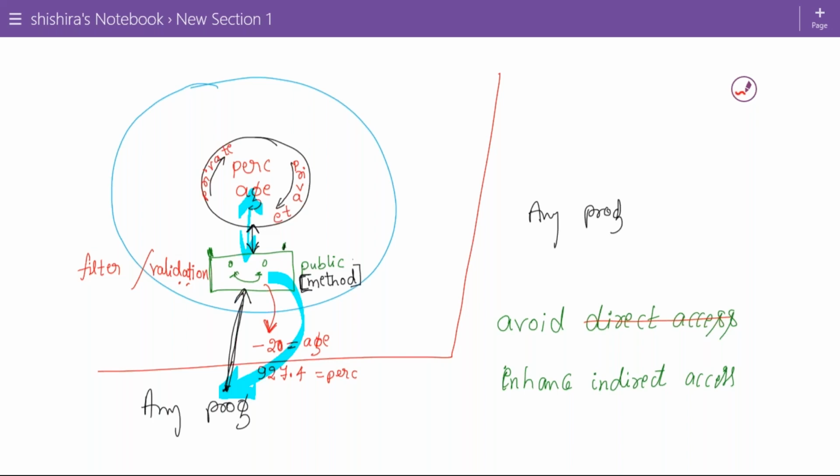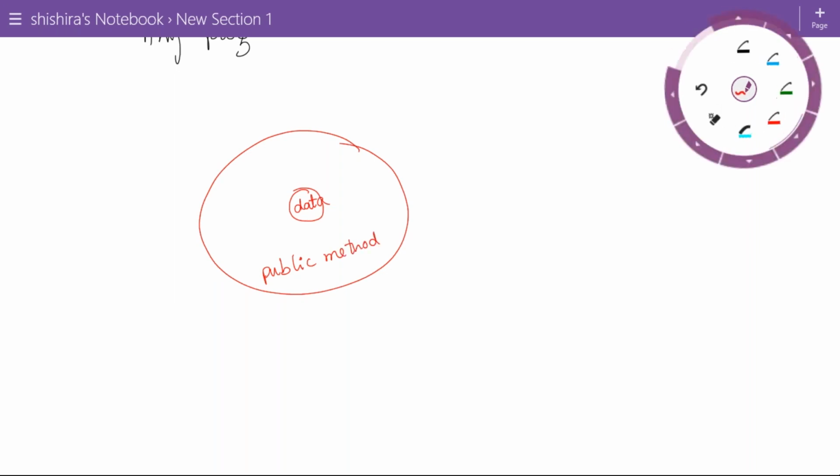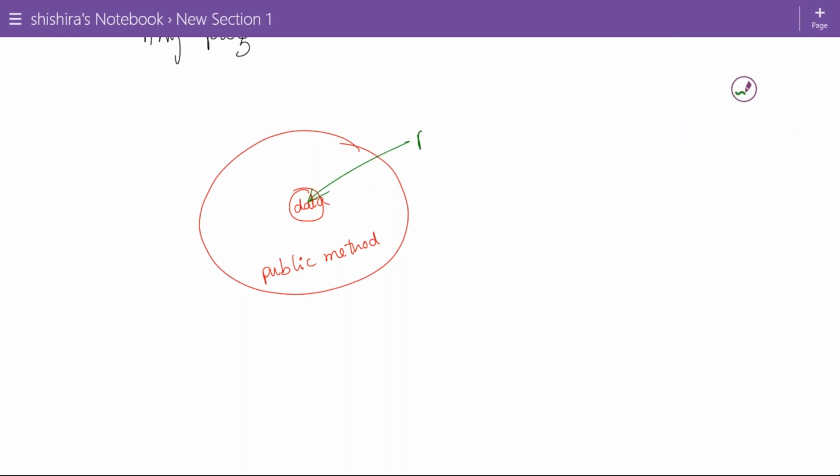I have the data here. This data has been encapsulated. How is this data encapsulated here? My data is made private, and this private data is encapsulated by public methods.